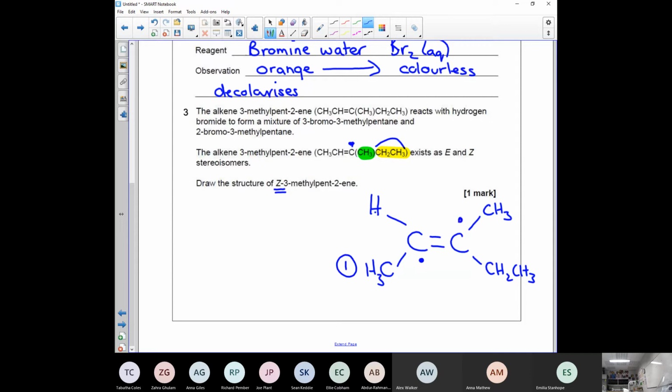And then let's have a look at the carbon on this side. It's attached to the two carbons there. So then we've got 3 hydrogens as opposed to 2 hydrogens and a carbon. Because we've got 2 hydrogens and a carbon down here, this one is my priority group. So the way I've drawn it, I've got my priority groups on the same side. So I actually have drawn the Z isomer, even without thinking about it.